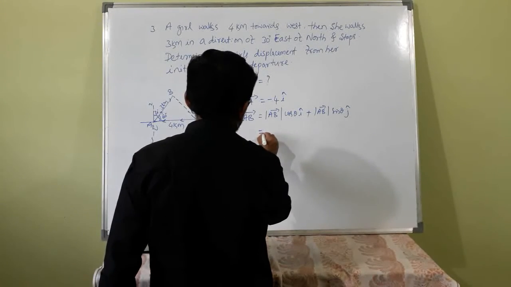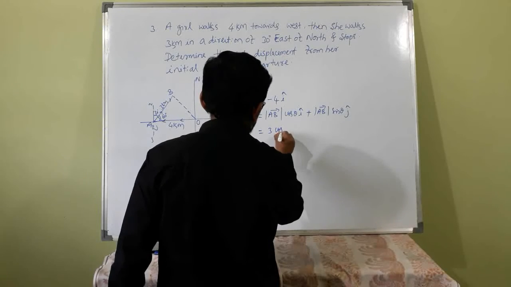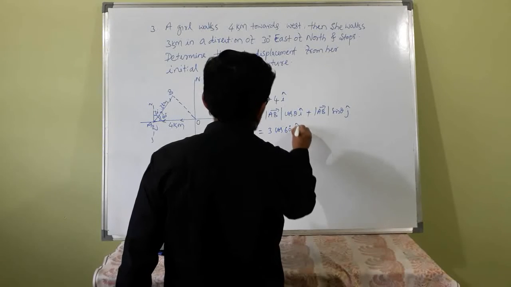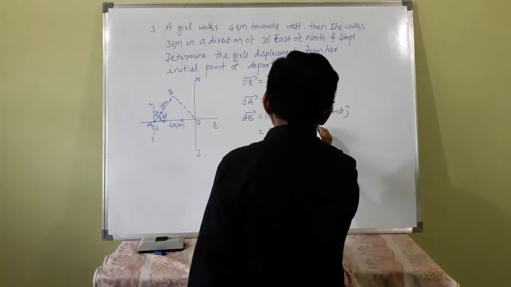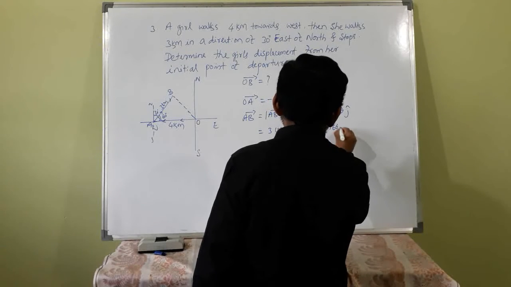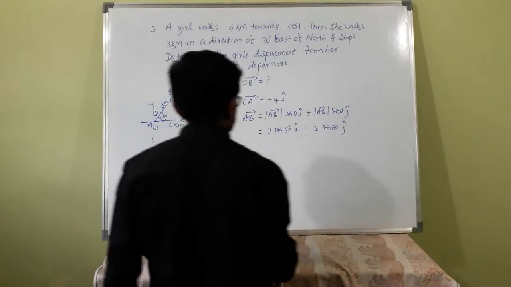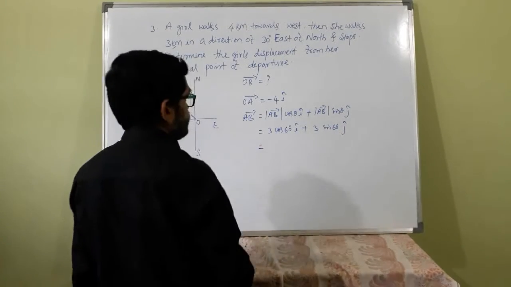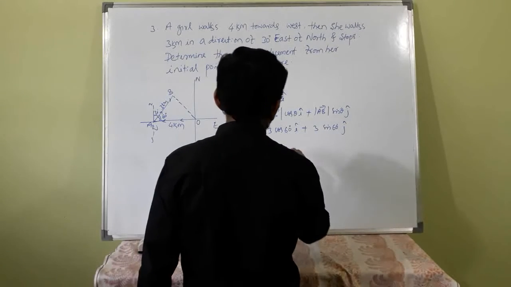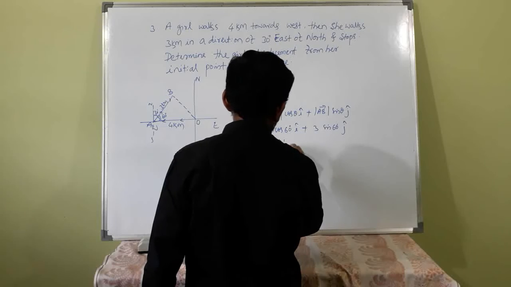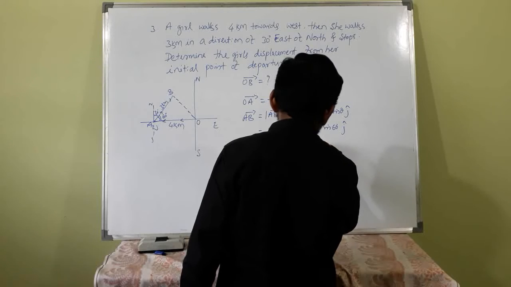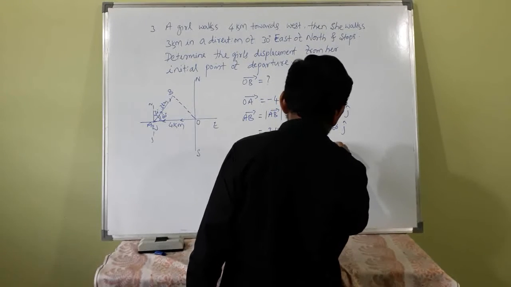See, AB is 3 cos 60 degree into i cap plus 3 sin 60 degree into j cap, that is equal to 3 into 1 by 2 i cap plus 3 into root 3 by 2 j cap.